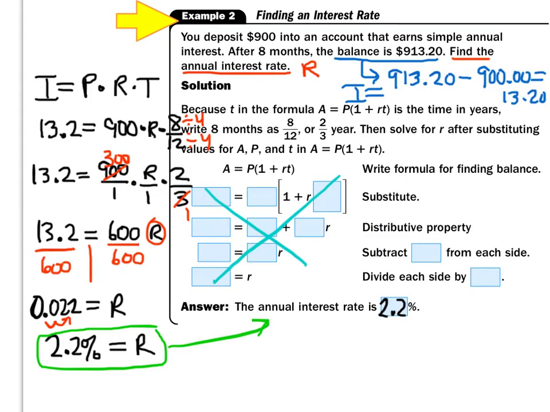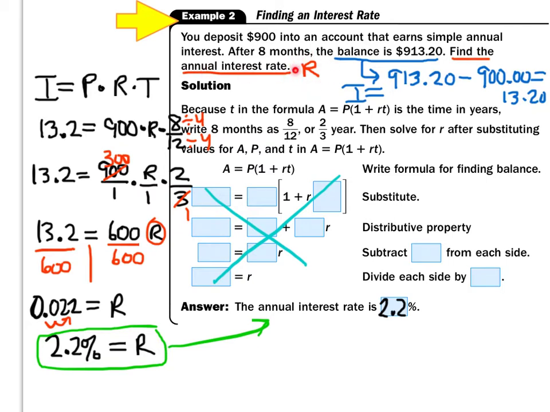Okay, take a look at example 2, finding an interest rate. So we deposit $900 into an account that earns simple annual interest. After 8 months, the balance in our account is $913.20. Find the annual interest rate.